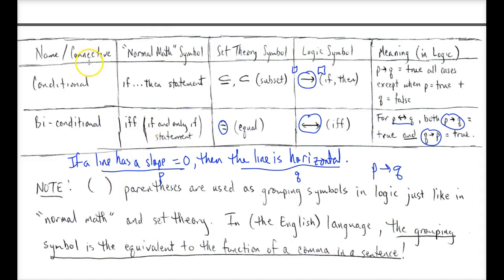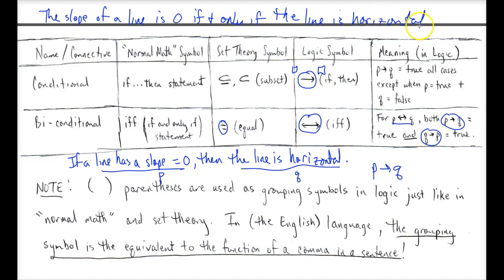Now, to show you what a biconditional statement is, I'm going to reword this way. It says the slope of a line is 0 if and only if the line is horizontal.